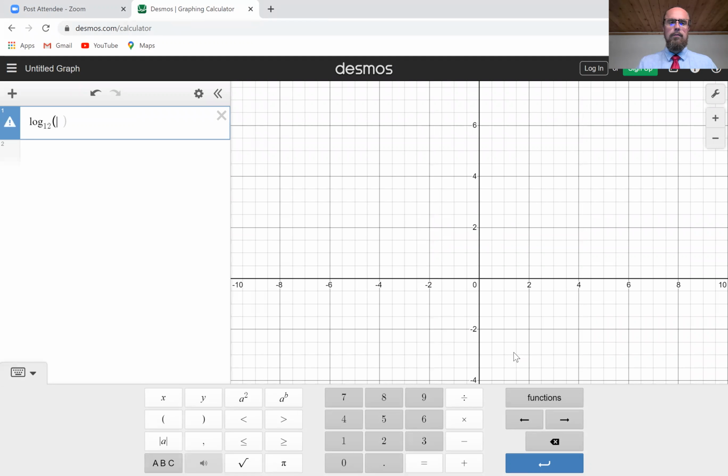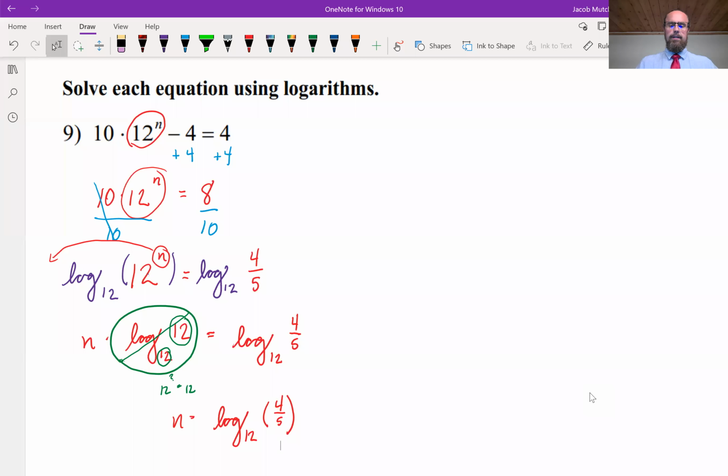So log base 12 of, again, let's check on that value. That was 4/5. And that has the approximate value of negative 0.0898.